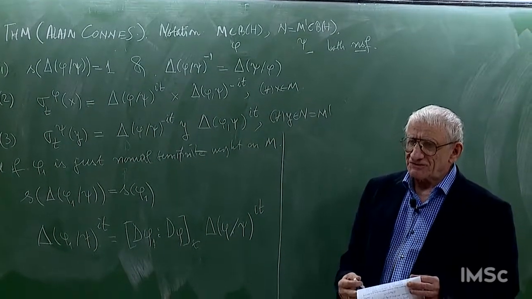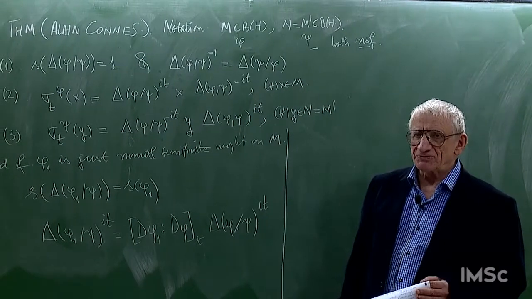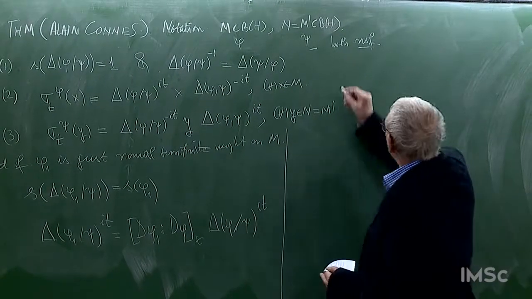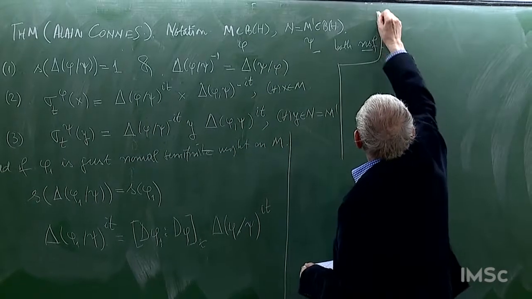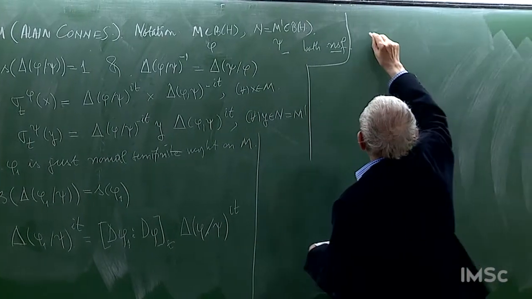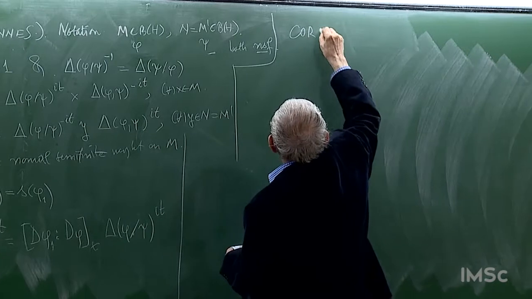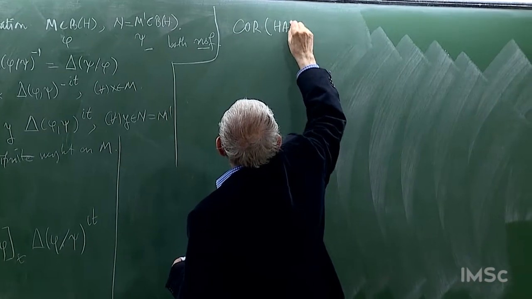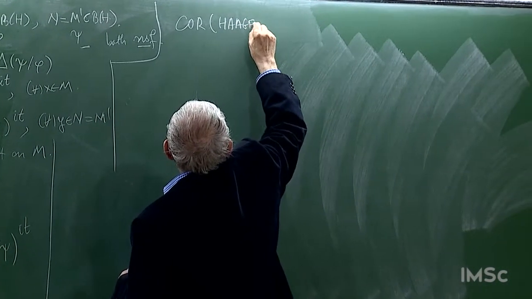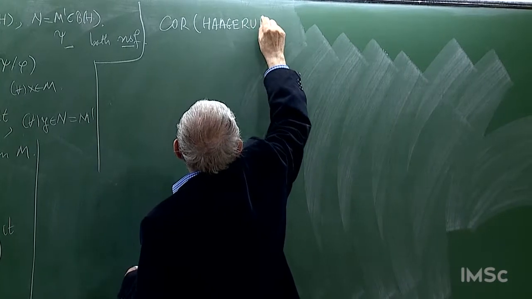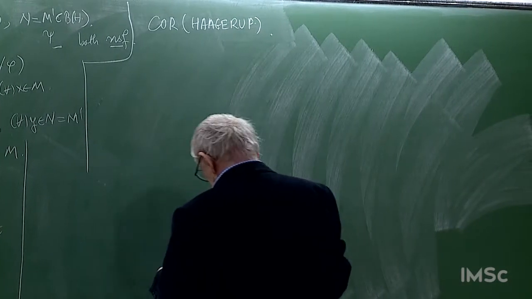There is a very nice corollary which was observed by Haagerup, and maybe it will be the only proof I will give, a corollary noticed by Haagerup. It's the following.